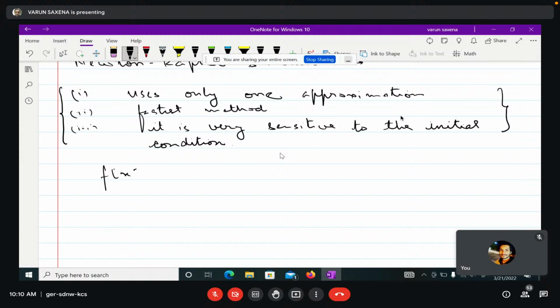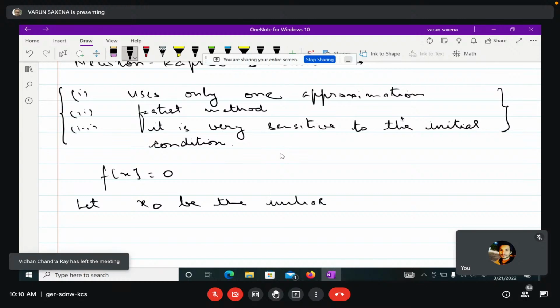We have f(x) equals 0 and we need to find the roots. We say that x0 is the initial root assumption.